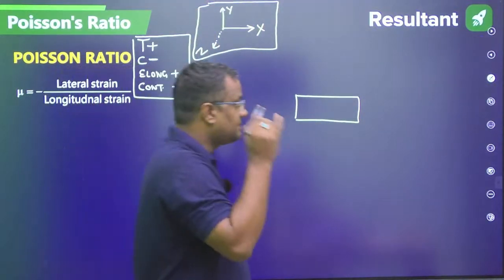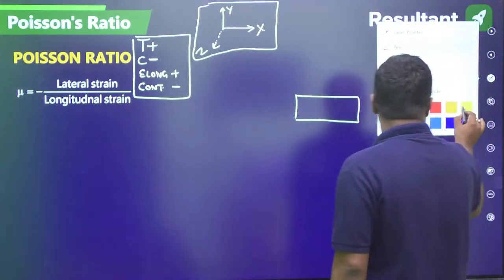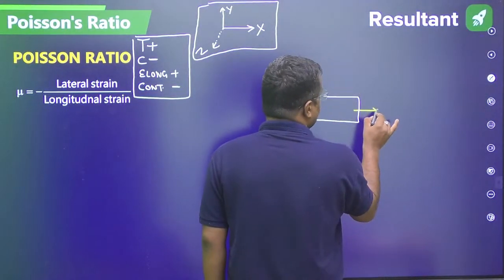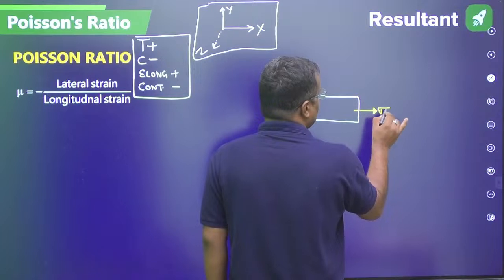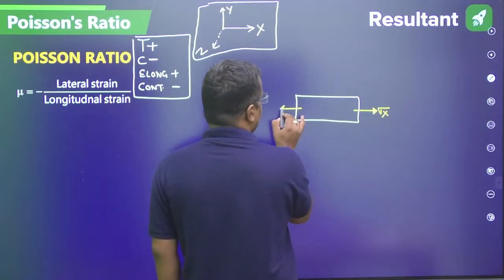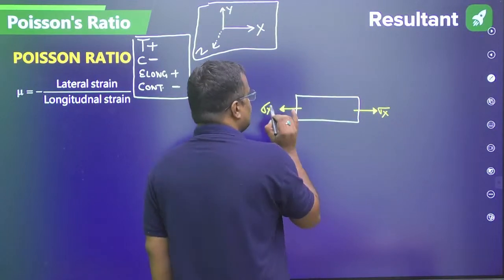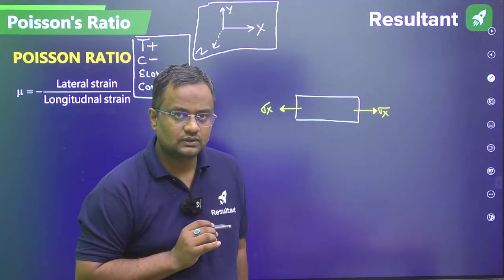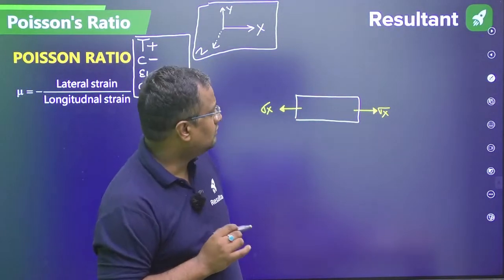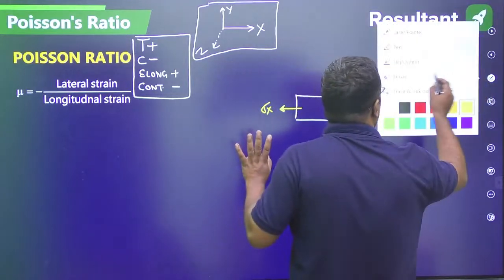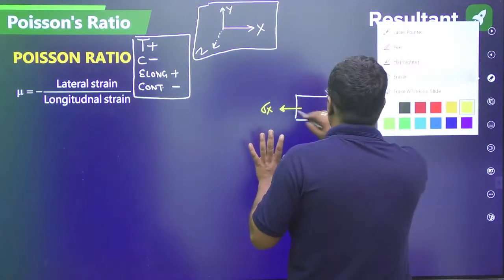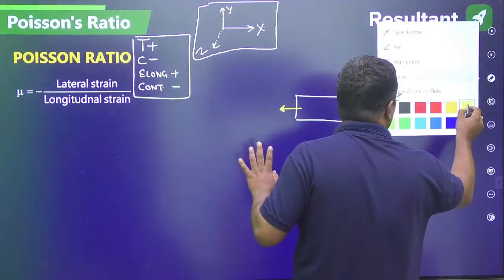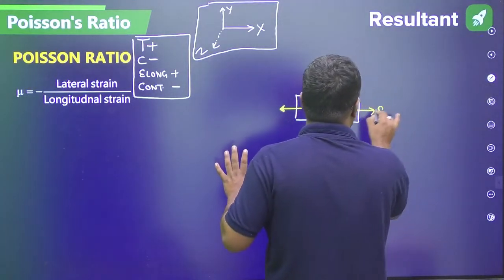Okay, now suppose this is a body. In this body, suppose some force is acting, and due to this force, suppose sigma x stress is there. Let it be some force here.